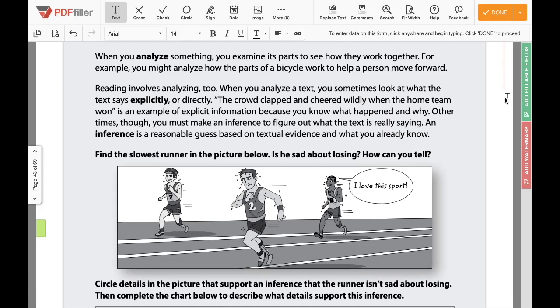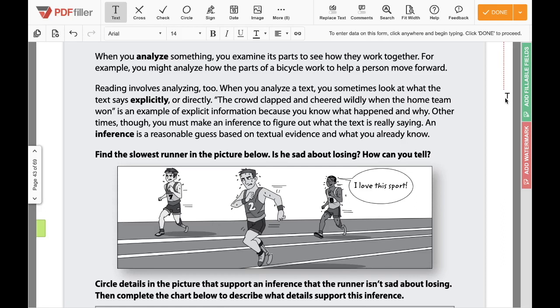Now, if you said the crowd clapped and cheered wildly as the team walked off the court, you could assume that they were cheering and clapping because they had won. If it didn't say anything about them winning, if it said the crowd clapped and cheered wildly when the home team left the court, you would assume that it was because they won, even though it didn't say that.